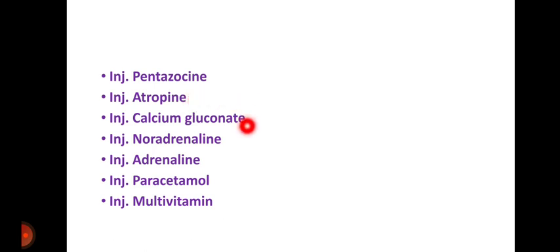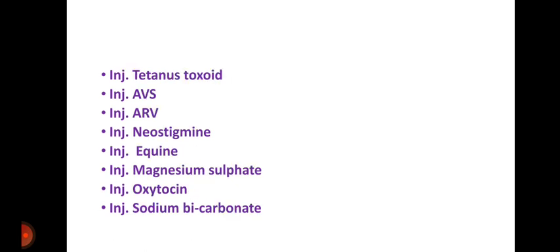Injection calcium gluconate is used to increase the level of calcium in the body as well as to prevent the toxicity of potassium and magnesium. Injection noradrenaline and adrenaline are used to increase the blood pressure in case of hypovolemic shock, etc. Then injection paracetamol, everybody knows it is an antipyretic, and injection multivitamin is used to increase the energy of the patient to minimize weakness.